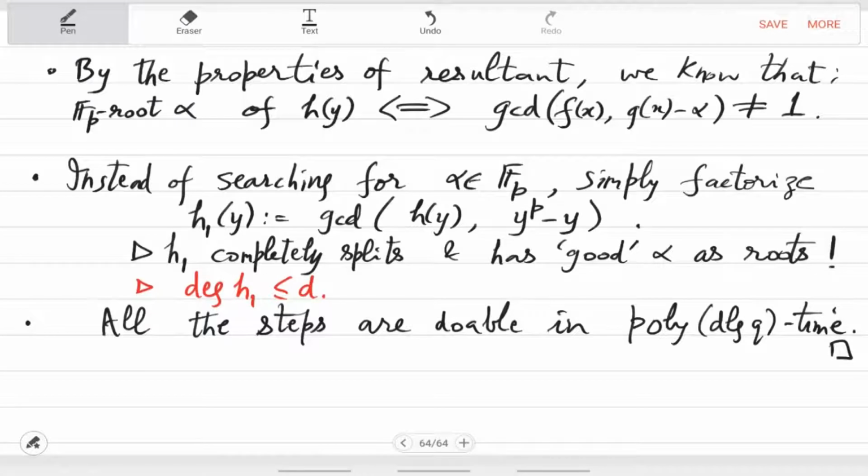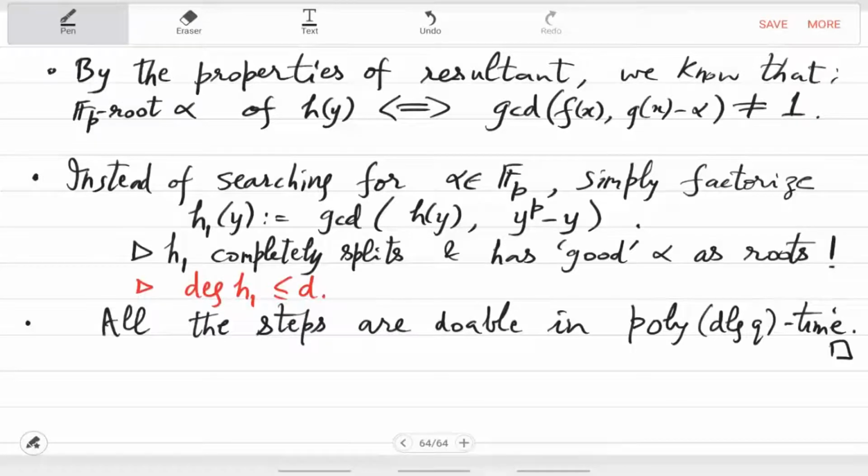So Berlekamp is an algorithm that is practical when P is small, characteristic is small. Even when it is not small, if it is very large, like 1000 bits or whatever, Berlekamp is actually an efficient reduction. It reduces field extension factorization to prime field factorization.